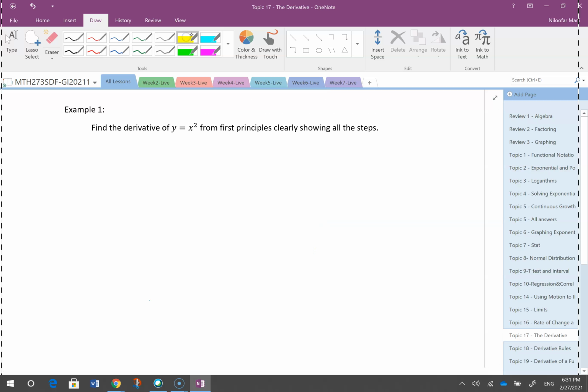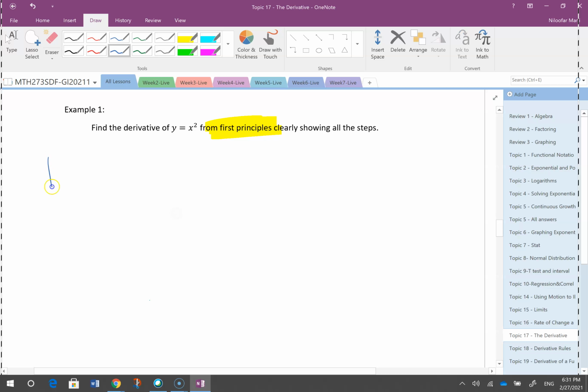Remember, if I say I want you to use first principle, it means you have to use this method, the delta method. To make it easier, you don't need to use delta, because sometimes I see students think it's delta multiplied by x. No, delta x is a symbol.